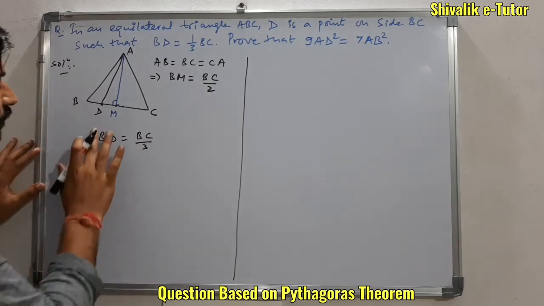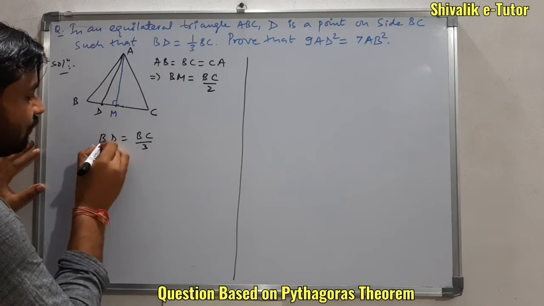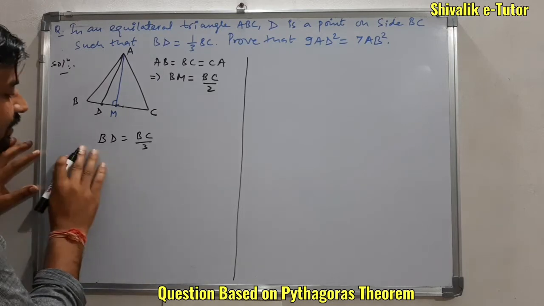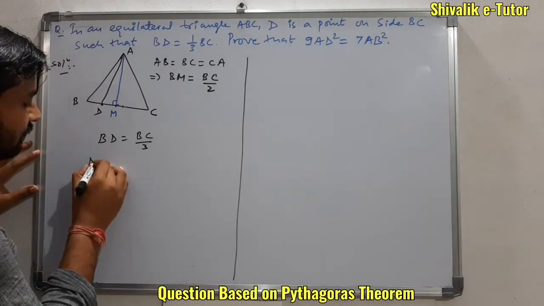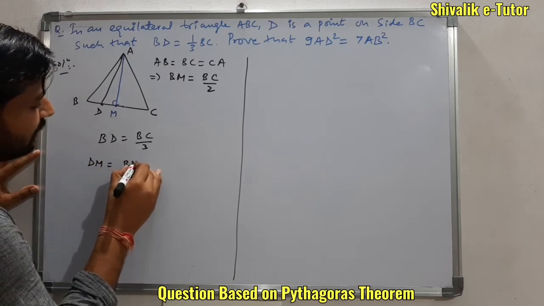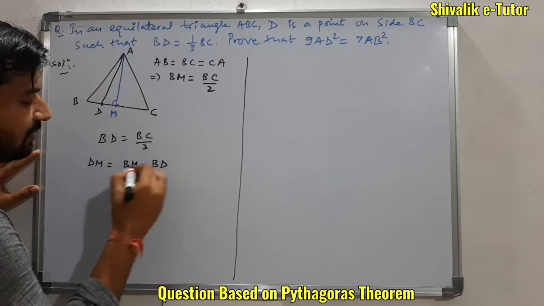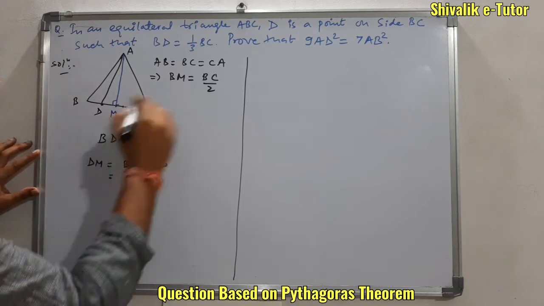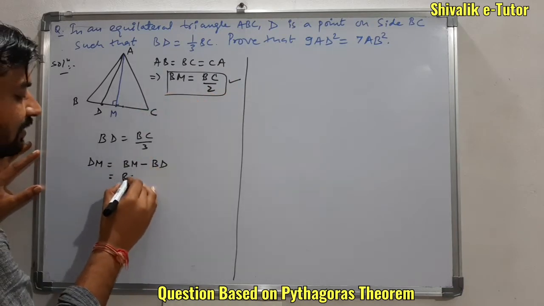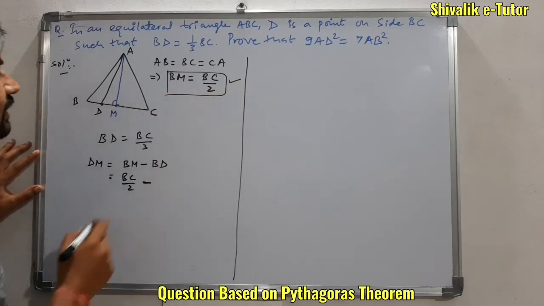Now if I want to calculate the value of DM, अगर मैं यहाँ पर DM की वैल्यू निकालना चाहूँ तो वो क्या आएगा? DM is nothing but BM minus BD, and BM is, we have written here BC by 2, so we can write it as BC by 2 minus BD.